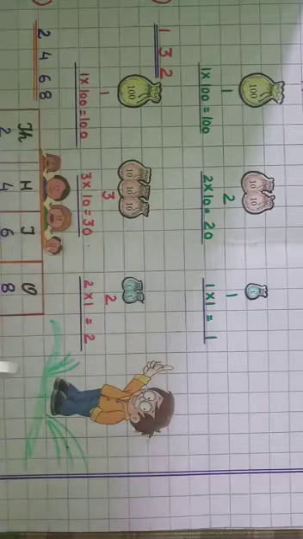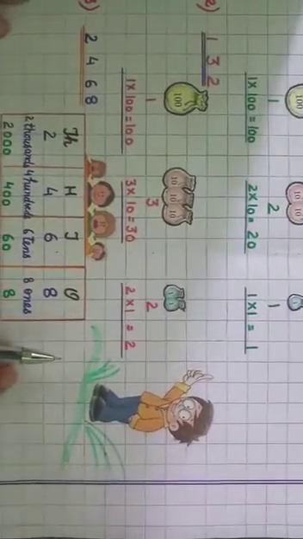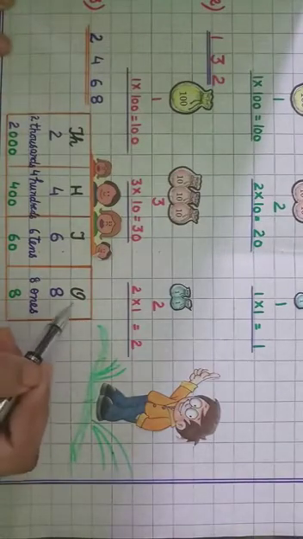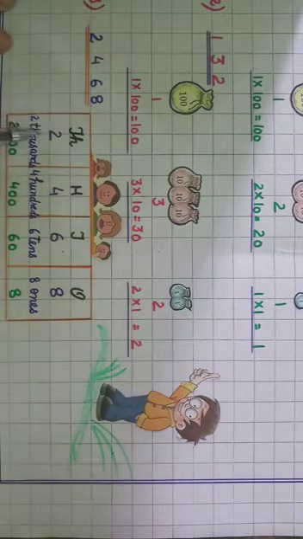Now the next number is a 4-digit number, that is 2468. Now again write down places, ones, tens, hundreds and thousands. And write down the number 2468.